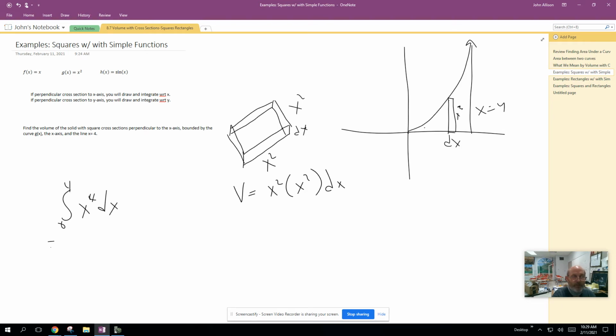So the antiderivative of x to the 4th is 1/5 x to the 5th, evaluated from 0 to 4. 4 to the 5th power: 16 times 16 is 256 times 4. Let's just do it in the calculator to make sure. It's 1,024.